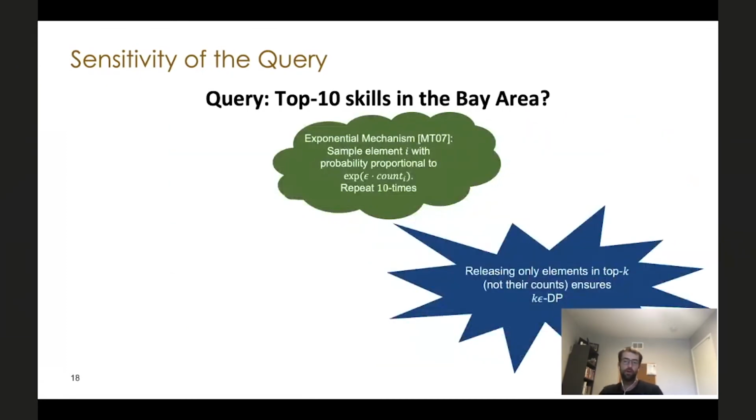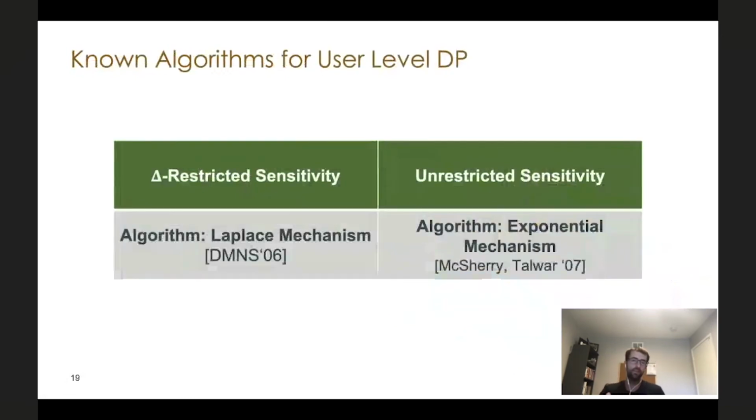Okay, and doing this will, as long as you just release the elements in the top k, not their counts, ensure k epsilon differential privacy. So the amount of privacy loss, or the privacy loss parameter, has grown because we've released exactly k elements in the top k. So, summarizing, we can identify what our known algorithms are for user-level differential privacy to be either in the restricted sensitivity setting.